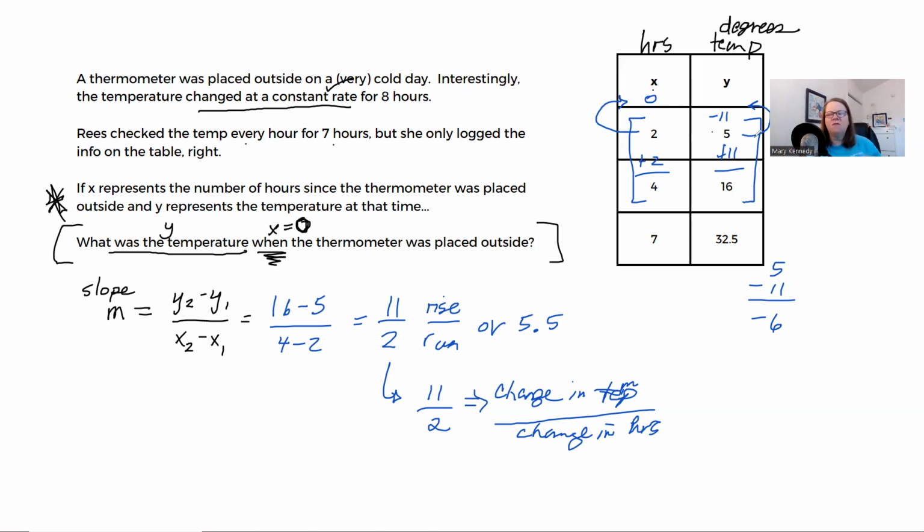That means if it was 5 degrees at 2 hours, then 2 hours before that, it was 11 degrees lower than 5. So it went down to 0, and then it went down 6 more, which is at -6. So the temperature was -6 degrees when the thermometer was placed outside. It was 6 below. So cold.